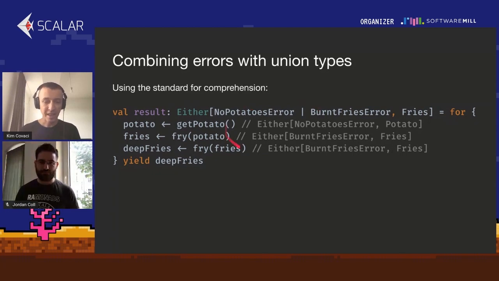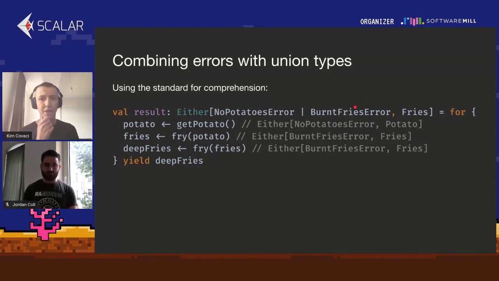So this actually works with Dotty now. And the good thing about union types is that they are idempotent, so we don't need to repeat the same error twice. For instance, here we have two times the burned fries error, while on the left side we don't need to repeat it because we already have it here.